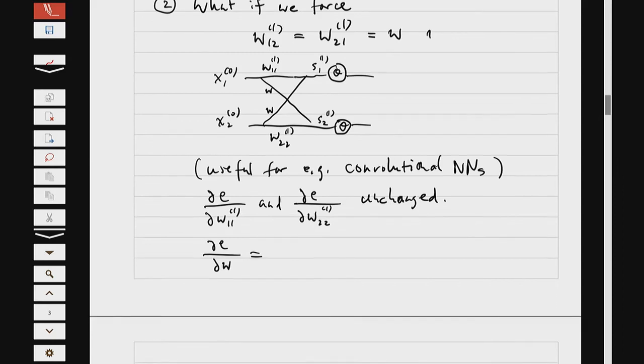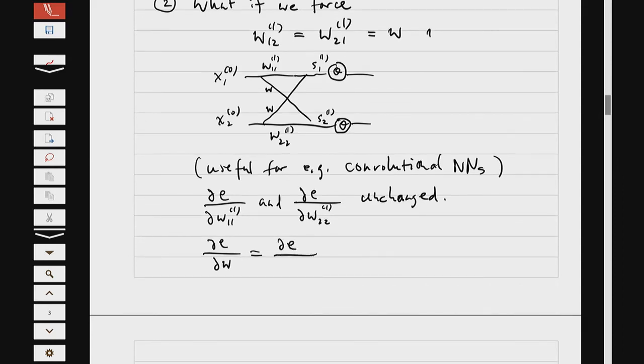So this is partial E over partial S1 of 1, times partial S1 of 1 over partial W, plus partial E over partial S2 of 1, times partial S2 of 1 over partial W.